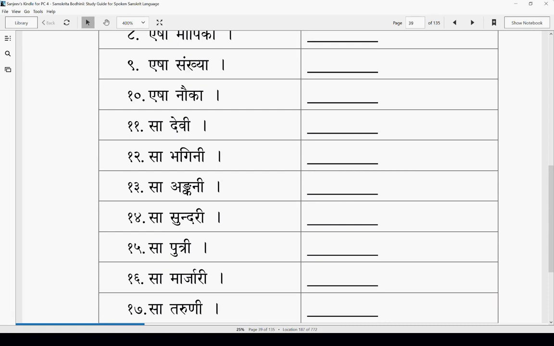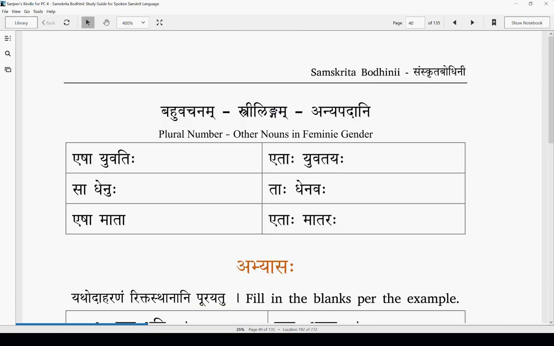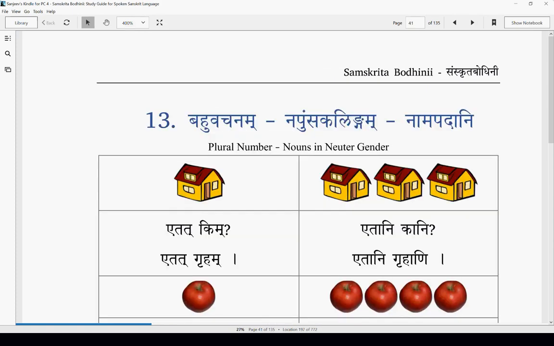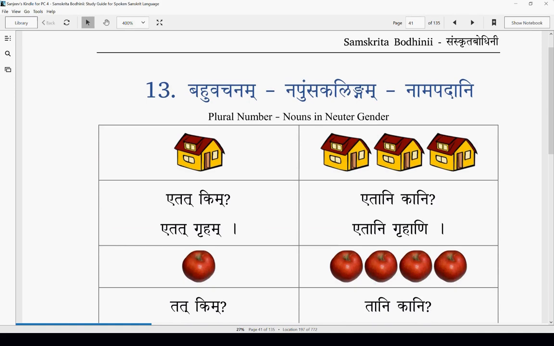But there are also, like in Pullinga, a page showing words in other endings, simple words which are also commonly used, like Kavihi, Agnihi, Guruhu. Guru is a common word, right? But we'll come back to that later. Similarly, in this Strilinga section, a few other very common words are given, but we'll come back to this later. Okay? Let's not get there right now.